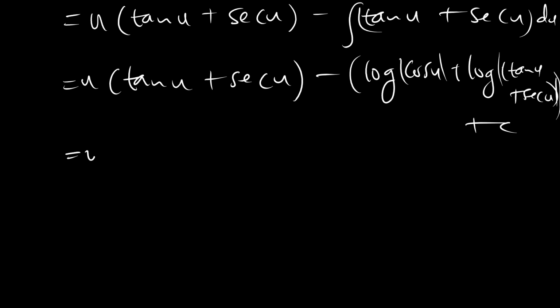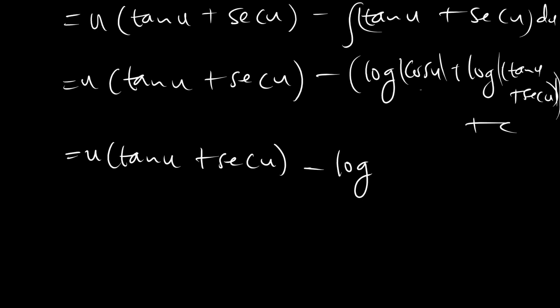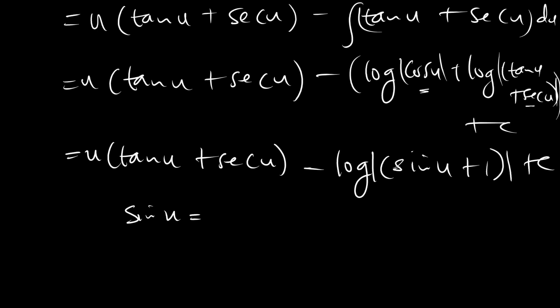But then we come to u times (tangent of u plus secant of u) minus, using the rules of logarithm there, we have the log of the product of these times this, which is the same as tangent of u times cosine, which is just sine of u, and secant of u times that, we have 1. We can put absolute value, that's okay, plus integration constant c. We know sine of u is equal to hyperbolic tangent of x.